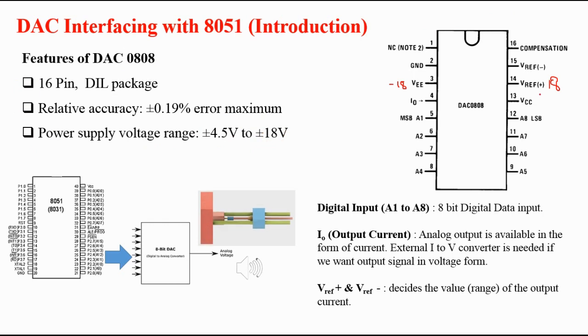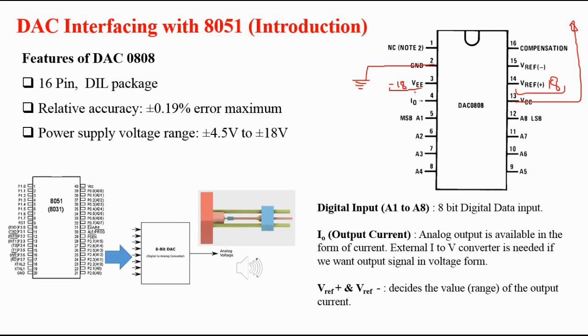So in such a scenario, we will connect plus 18 volt to the V reference pin, and then minus 18 volt to the VEE pin. Fine, and this pin can be grounded, and VCC can be connected to 5 volt.